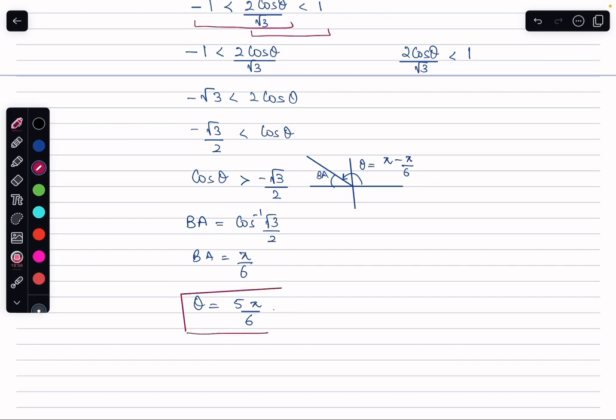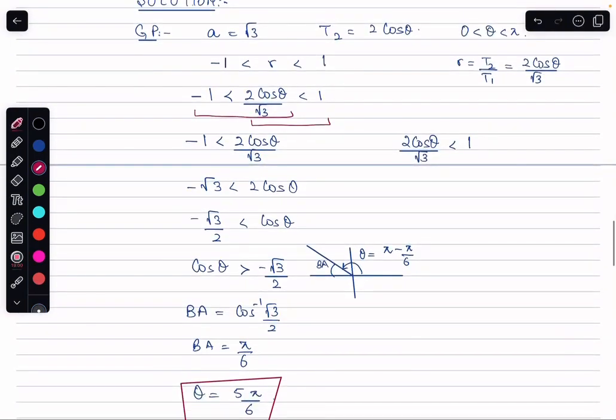And if I solve the second inequality that we have just made, it's 2 cos theta over under root 3 less than 1.